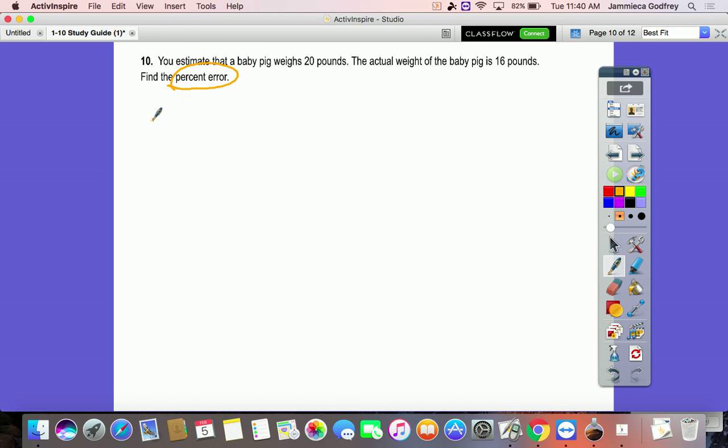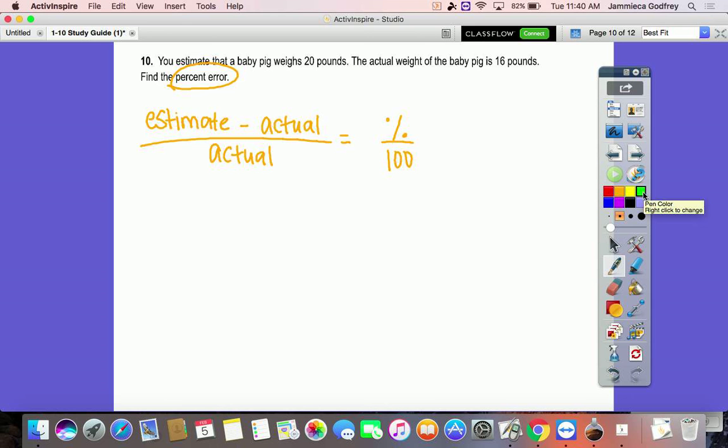It is the estimated amount minus the actual amount, over the actual amount, is equal to percent over 100.